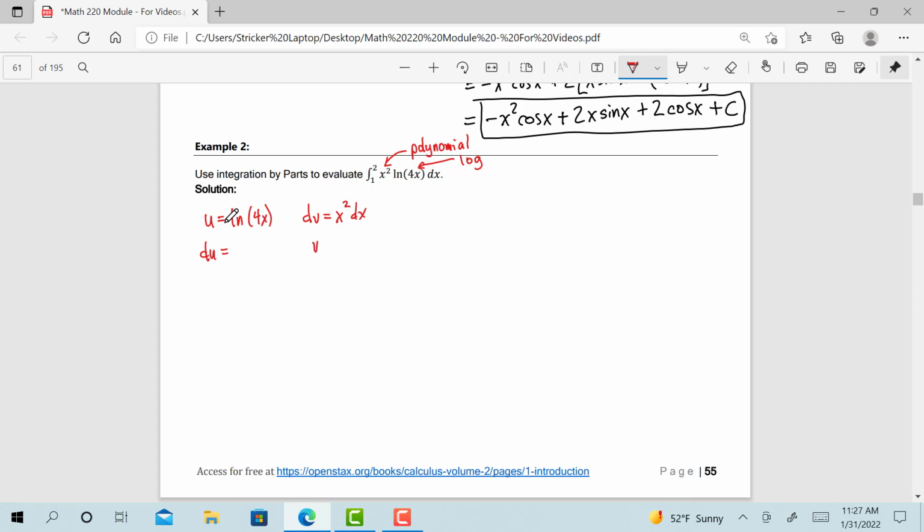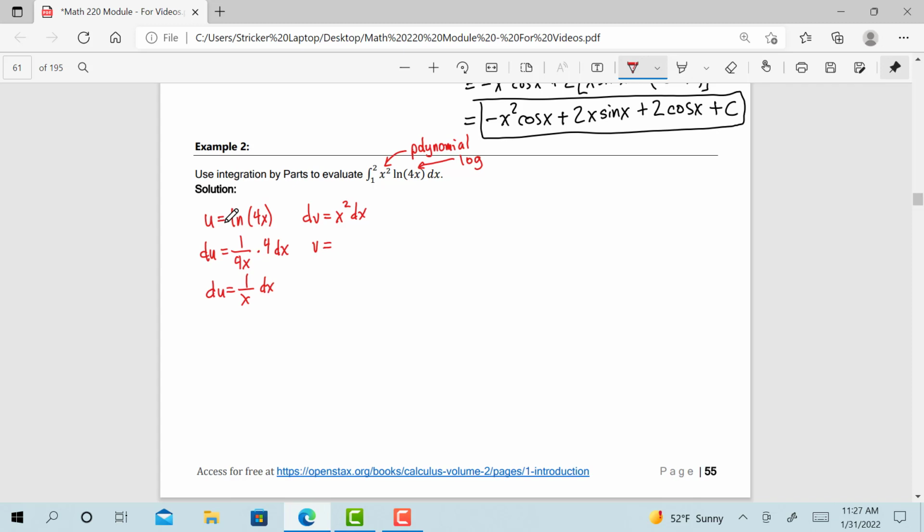Go ahead and pause the video. Alright, so you should have got du as being 1 over 4x times the derivative of the inside. This is a little chain rule here, which is 4. And that actually then simplifies down to 1 over x. I left the dx off, so 1 over x dx.